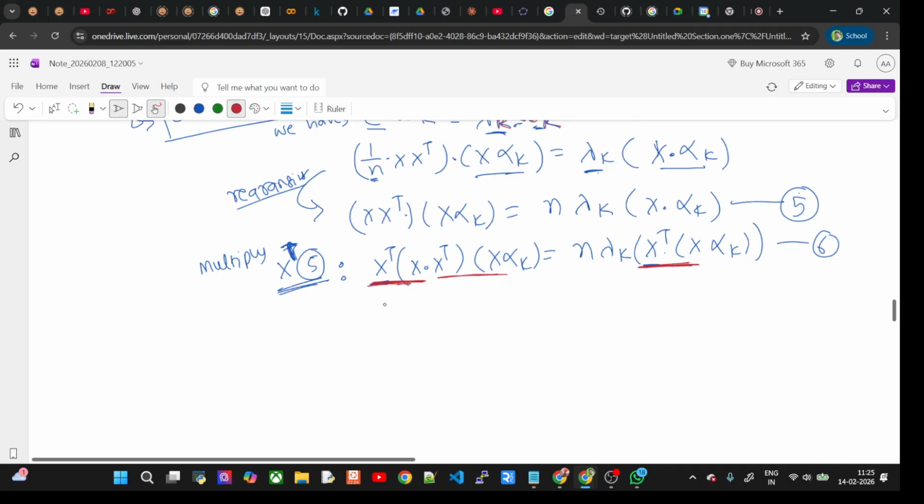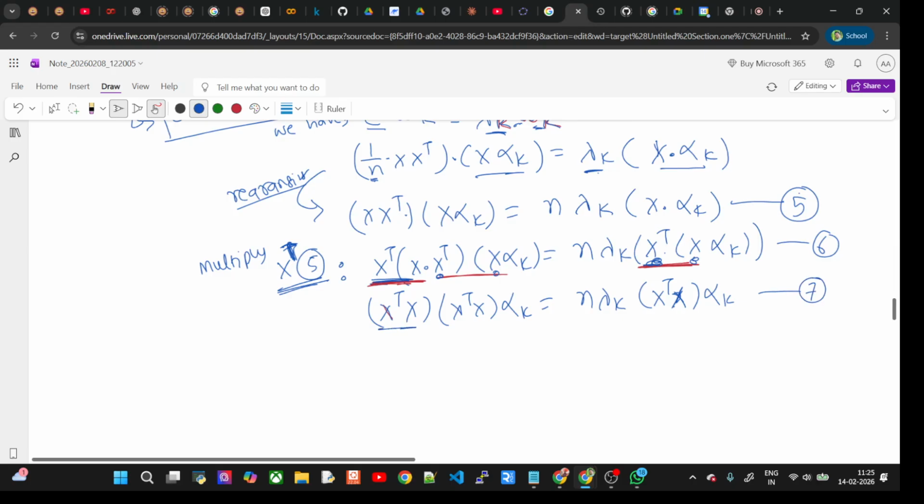So here what happened, I am just creating one group, x transpose into x, these two, and this x transpose, and this x transpose one group, alpha k, n lambda k, this x and this x transpose one group, and lambda k, equation 7.